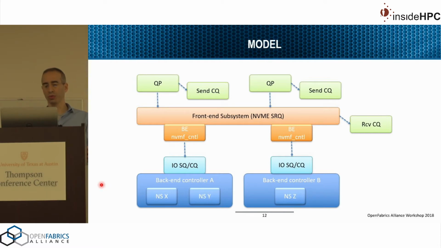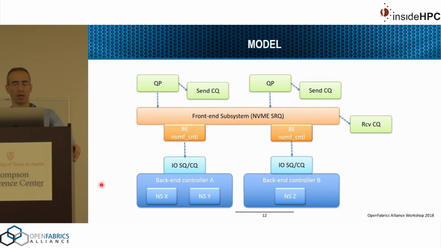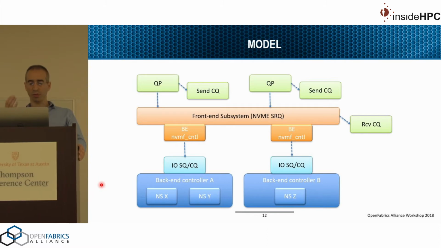We try to describe all of that in one slide. What is the model? How are the API objects being used? Again, today we mapped it to verbs, and we might change it to SPDK. It's still under some thought, but in terms of the objects, we'll see a very similar object model. What we are using today is the shared receive queue object.